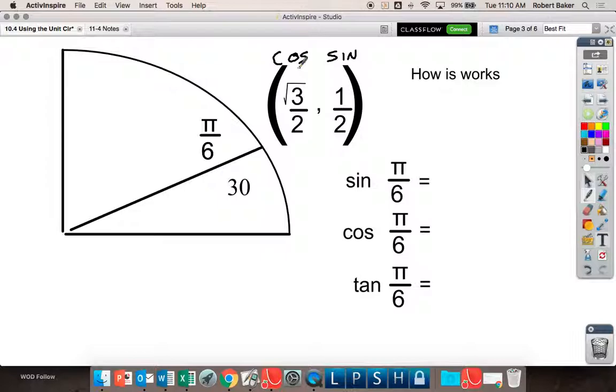So if I'm looking for the sine of pi over 6, the answer is 1/2. If I'm looking for the cosine of pi over 6, the answer is the square root of 3 over 2.